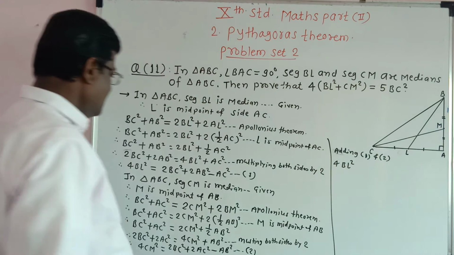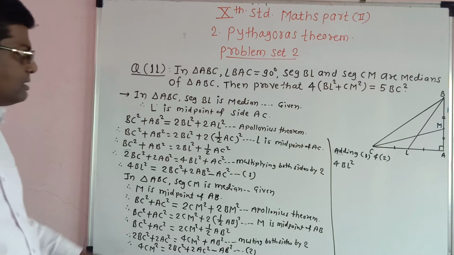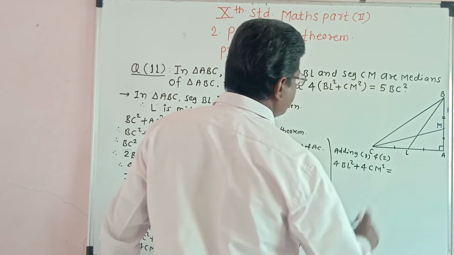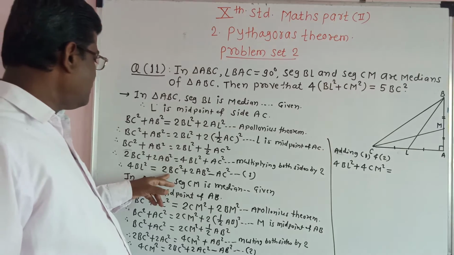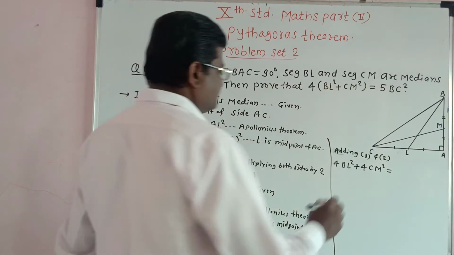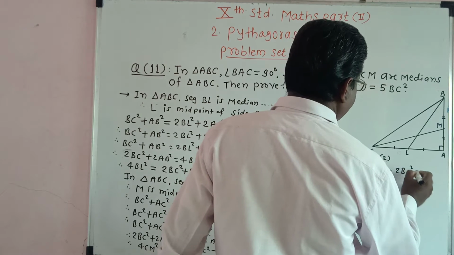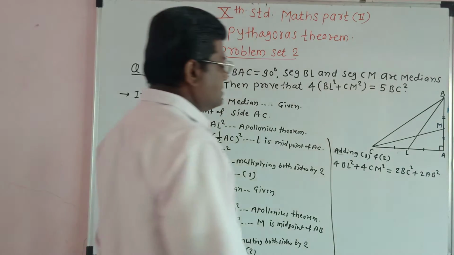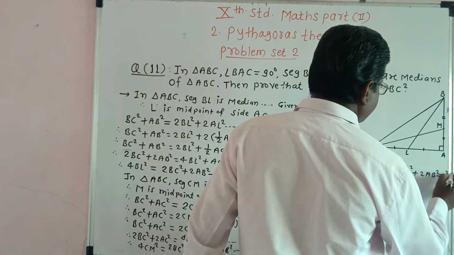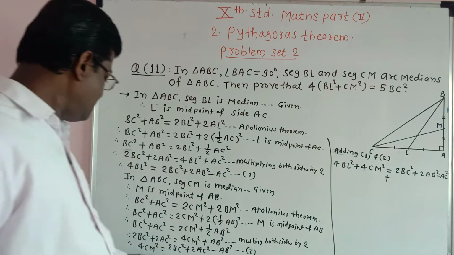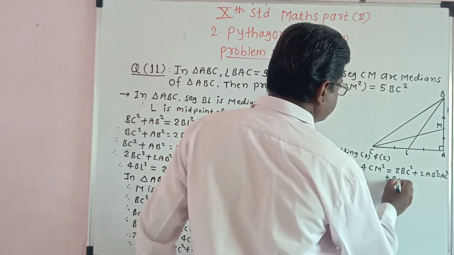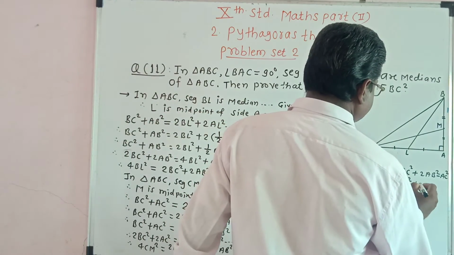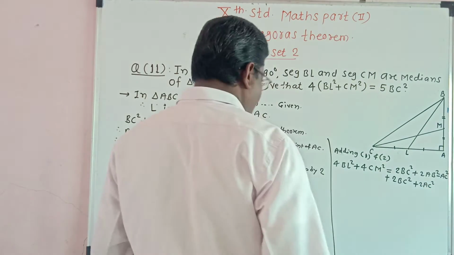Therefore, 4BL square plus 4CM square is equal to 2BC square plus 2AB square minus AC square plus 2BC square plus 2AC square minus AB square.